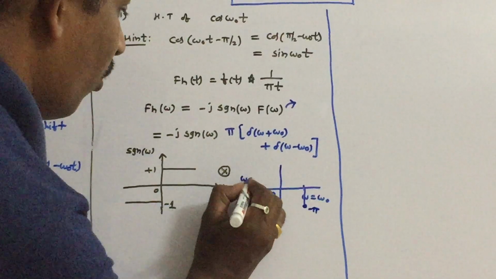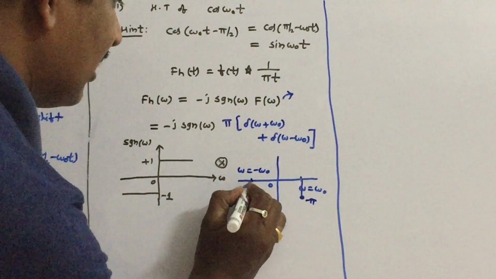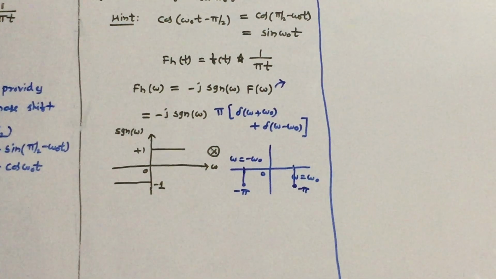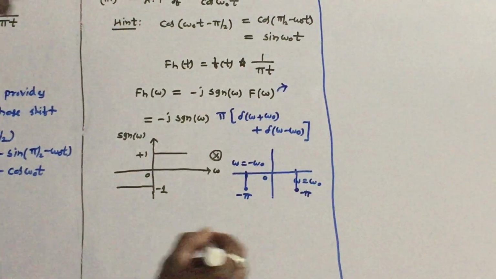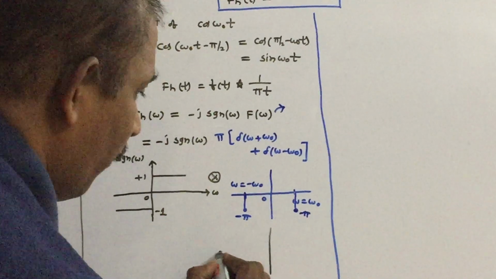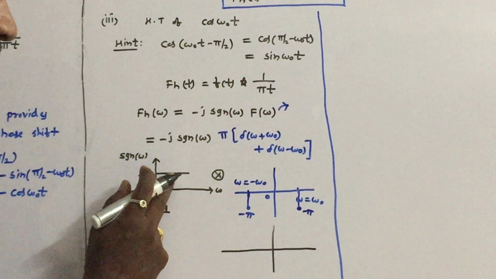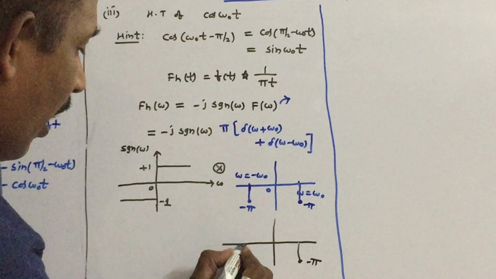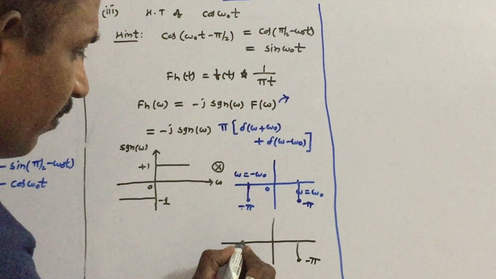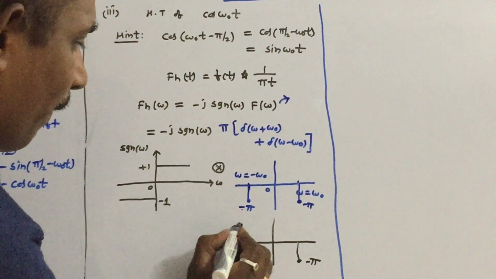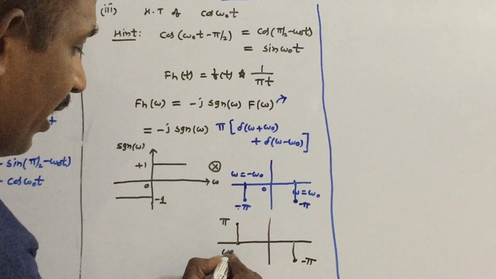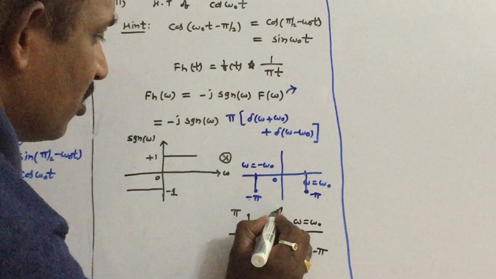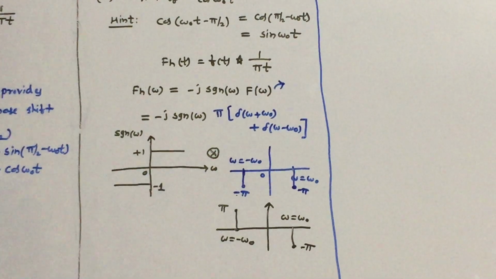At omega equal to minus omega naught, let us keep the amplitude also minus pi, keeping j like that. If you multiply both of them, on the positive side 1 multiplied by negative is minus pi. On the left side, minus into minus becomes plus, so it becomes plus pi. This is at omega equal to minus omega naught, and this is at omega equal to omega naught. Just multiply these two and you will get this.